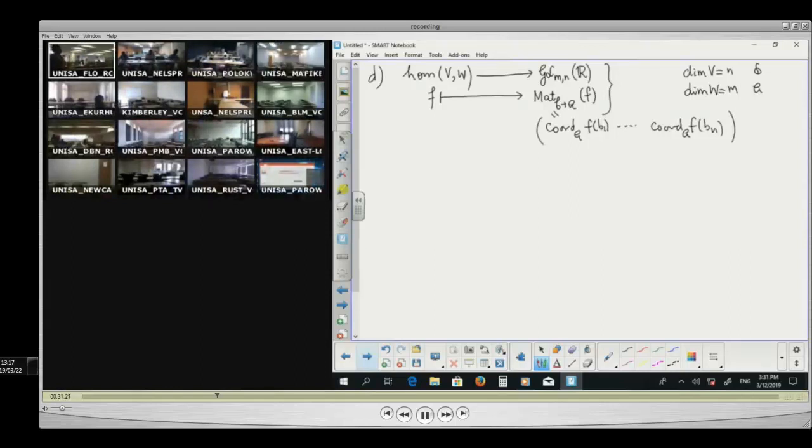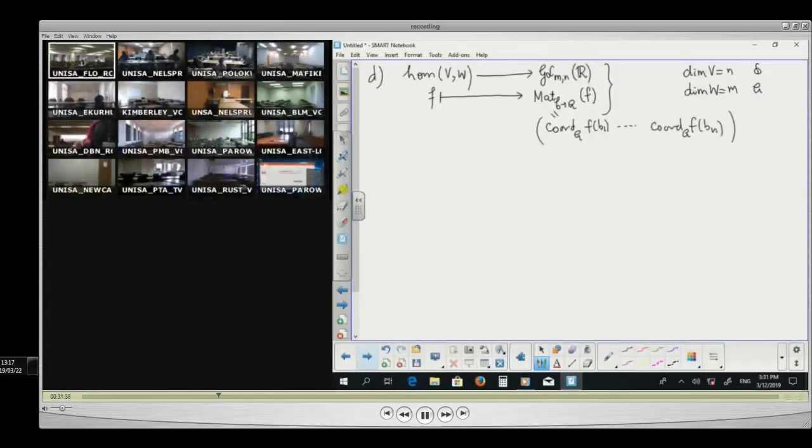Now, is this linear? Firstly, the fact that given any f there exists a unique such thing.